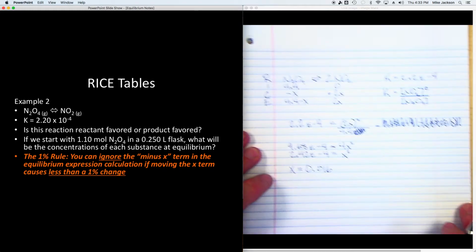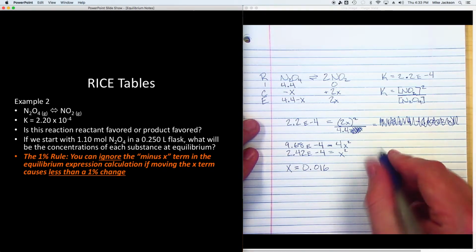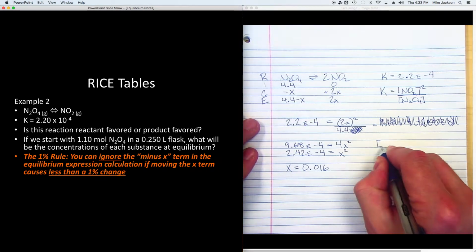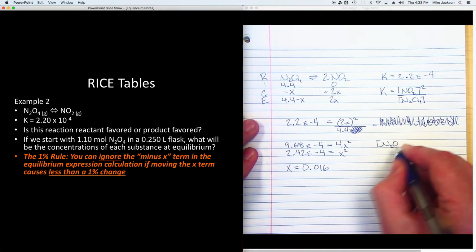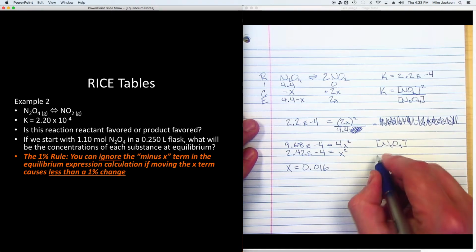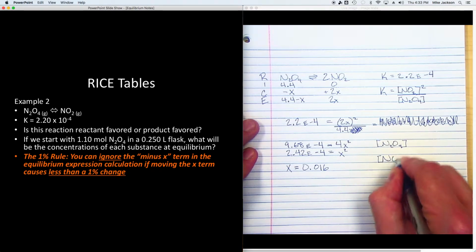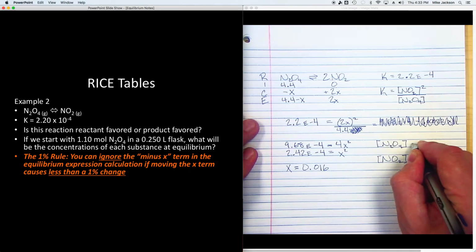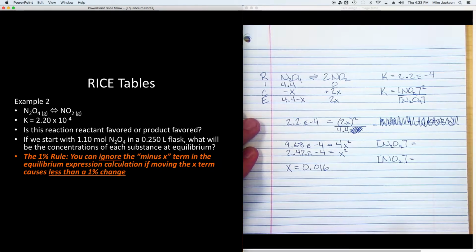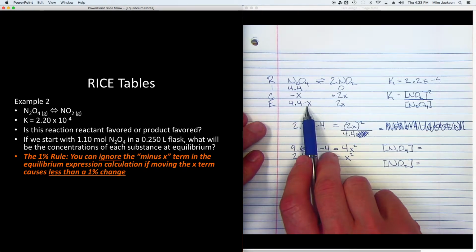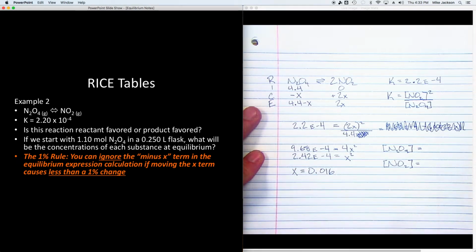Now, to find my equilibrium concentrations, which is what we're trying to find, the equilibrium concentration of the N2O4 and the equilibrium concentration of the NO2, I'm going to look back up at my RICE table, 4.4 minus x.